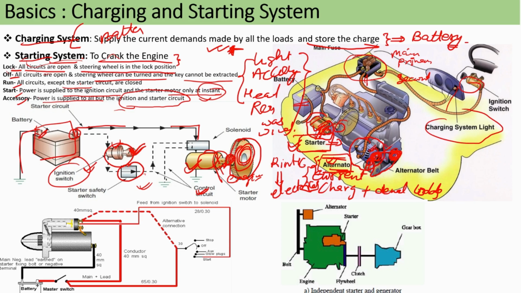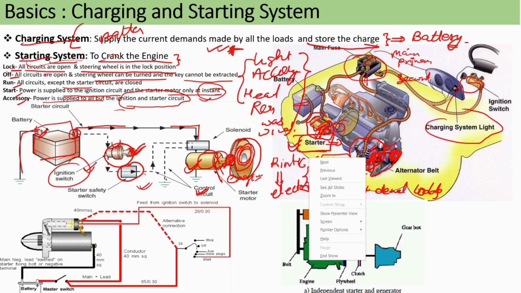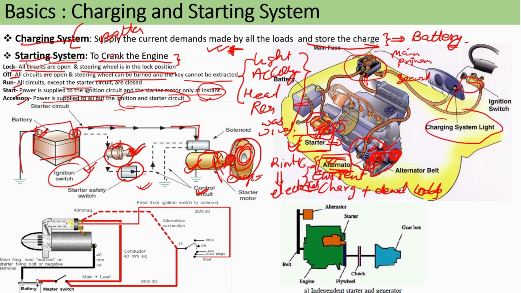And the alternator is used when your engine is started, because the alternator can work only when the flywheel and this pulley are rotating. Then it can generate electricity. So the starter motor creates extra weight, and it becomes idle when your engine is started.